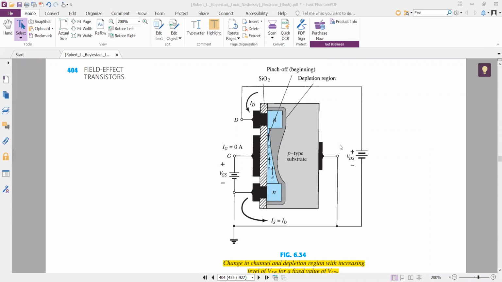which is applied at the N-type drain, at this PN junction, because the N-type material is provided with the positive terminal of the battery and the P-type substrate is grounded, which fulfills the condition for the reverse biasing of this PN junction.